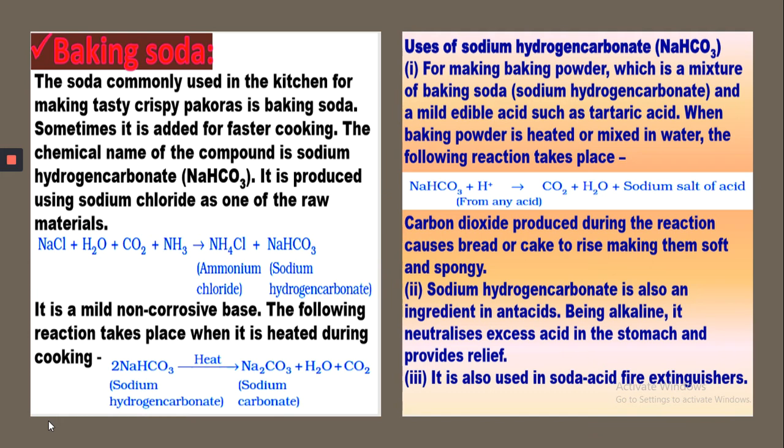NaHCO3 reacts with the hydrogen ion, which is known as acid also, because this hydrogen ion is responsible for the acidic nature of acids. Then carbon dioxide, water and sodium salt of acid will form. Carbon dioxide produced during the reaction causes bread or cake to rise, making them soft and spongy.